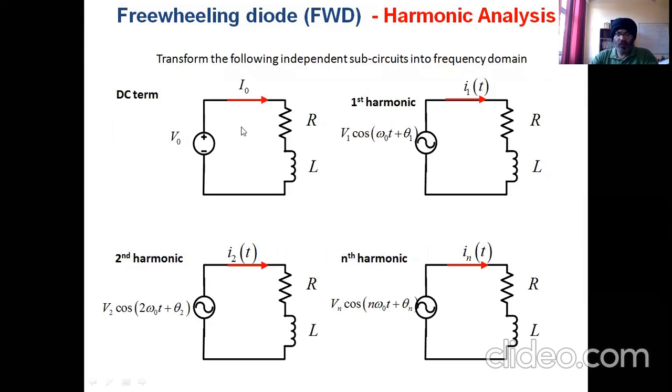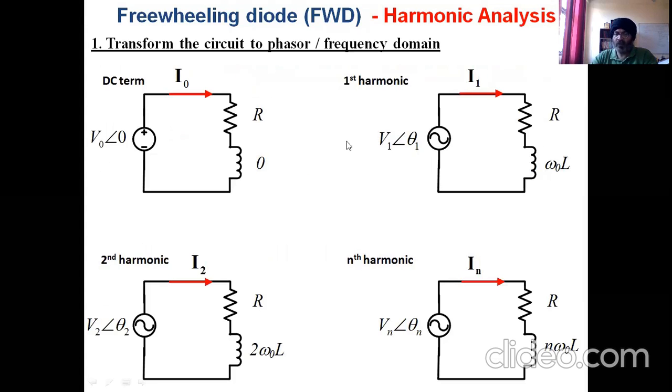Okay, first one: transform the following independent sources into the frequency domain or phasor form. This we already know. Frequency domain means that there are only two pieces of information. For the DC component, we have the magnitude, that is how much DC value there will be, and what is the angle.